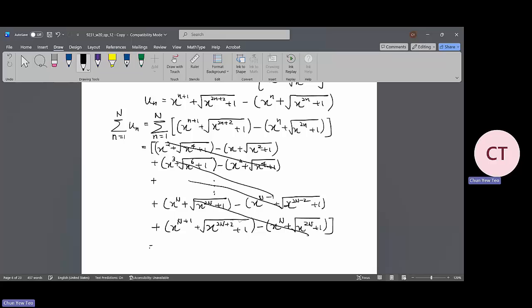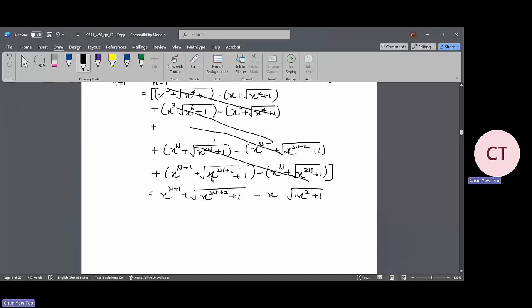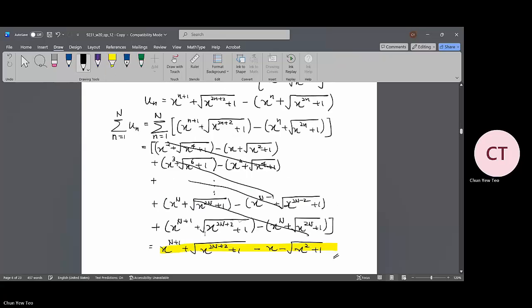So at the end, you will get this result as x^(n+1) plus the square root of x^(2n+2) plus 1 minus x minus the square root of x squared plus 1. Okay, so this is how you get the sum of the Un. So that is the answer here. Done for part B.